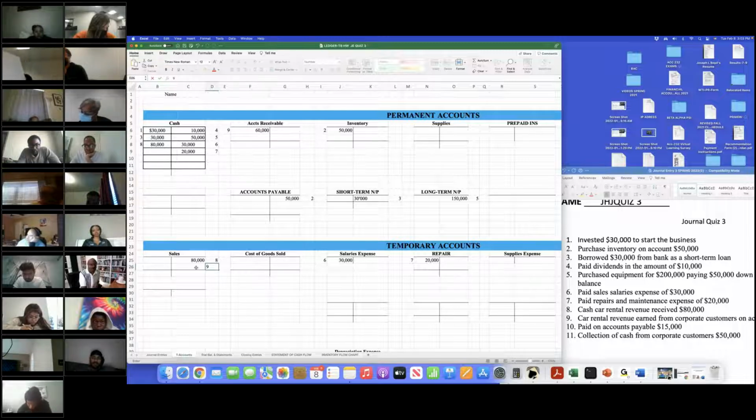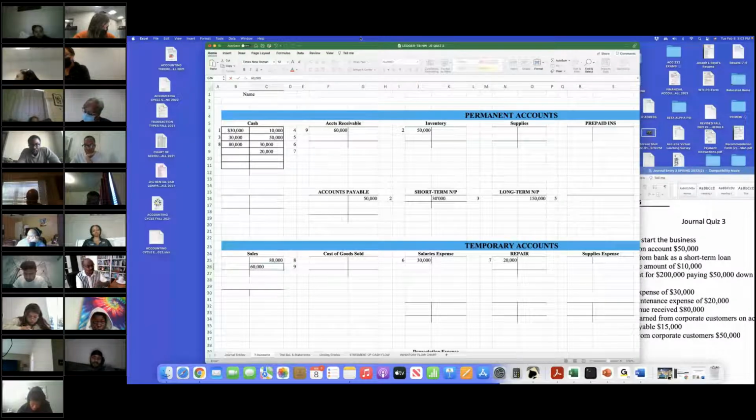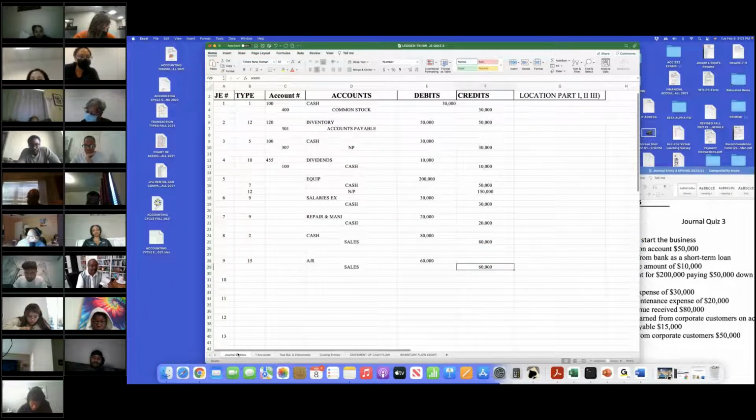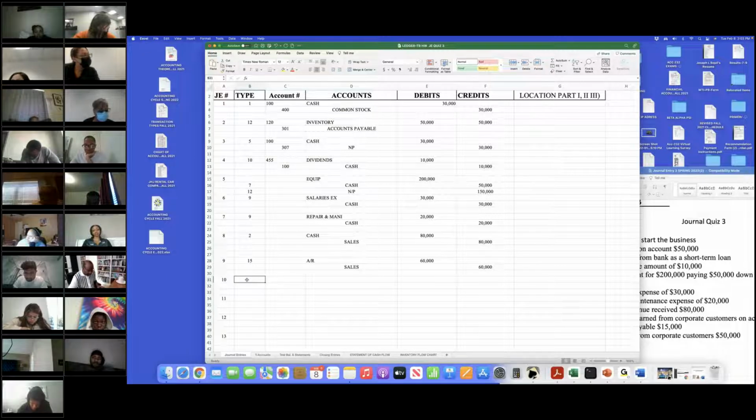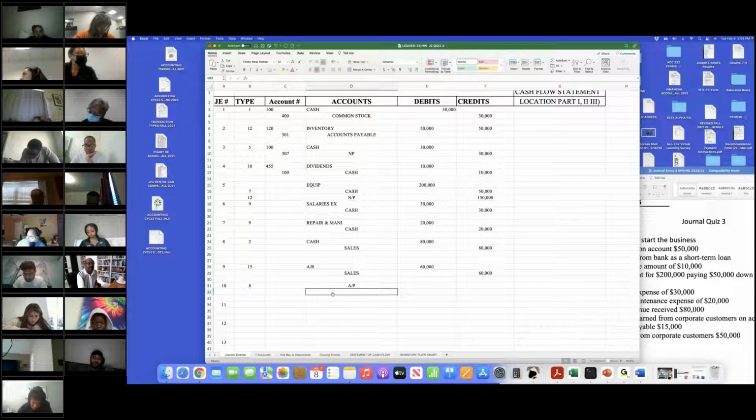10, paid on accounts payable, 15,000. That's a type 8. So we're going to debit accounts payable. We're going to credit cash.